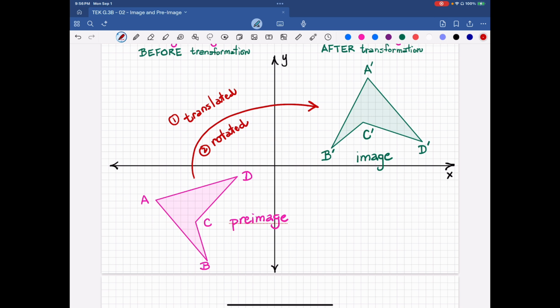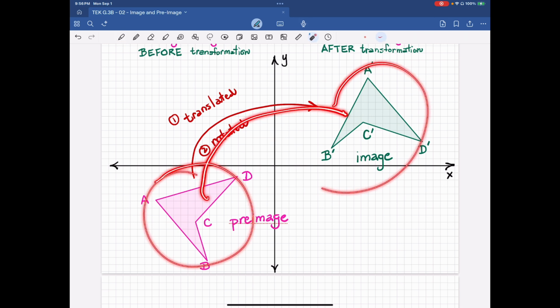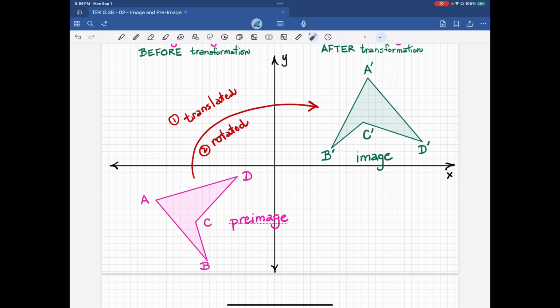So in order to get from our pre-image here to our image here, it had to go through 2 transformations. Translation, which is also known as a slide, and a rotation, which is known as a turn.